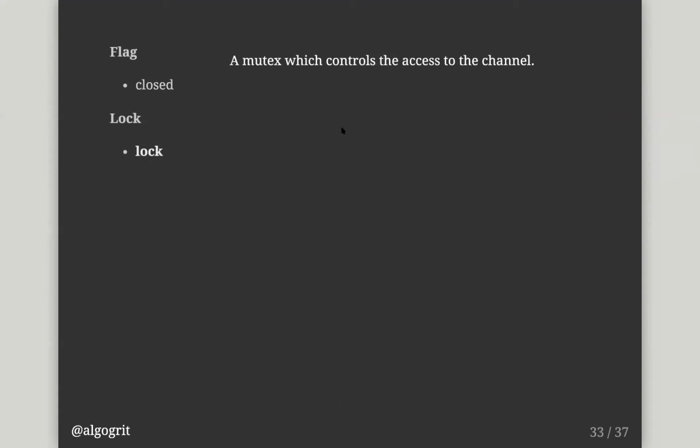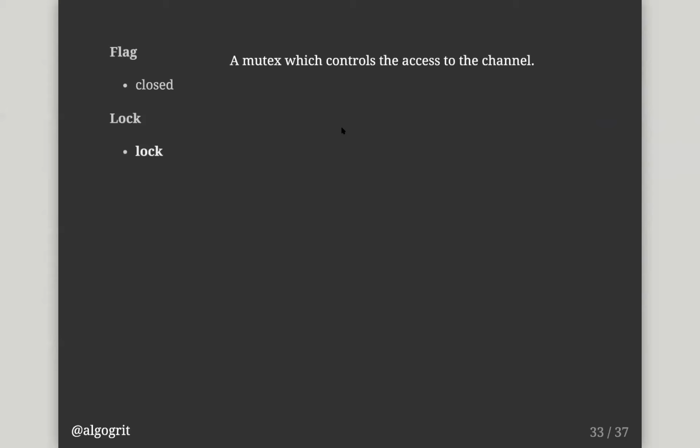A lock. So the lock is the more interesting bit in the hchan struct. This is a mutex which controls reading, sending, and receiving to a channel. It ensures that all the Go routines which are running concurrently do not end up sending or receiving at the same time.